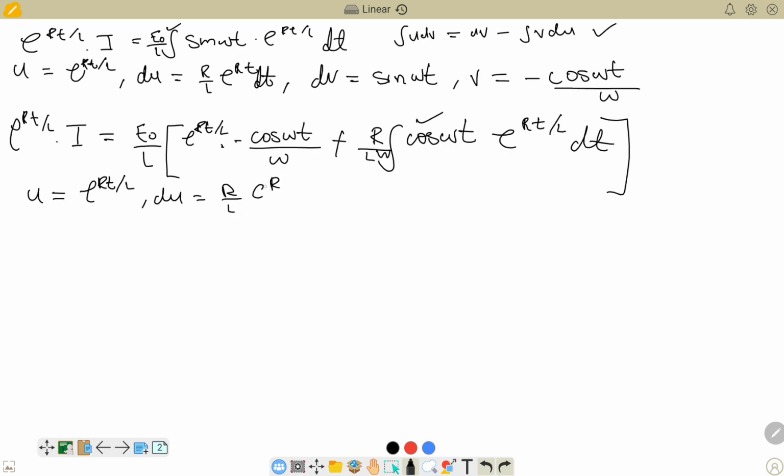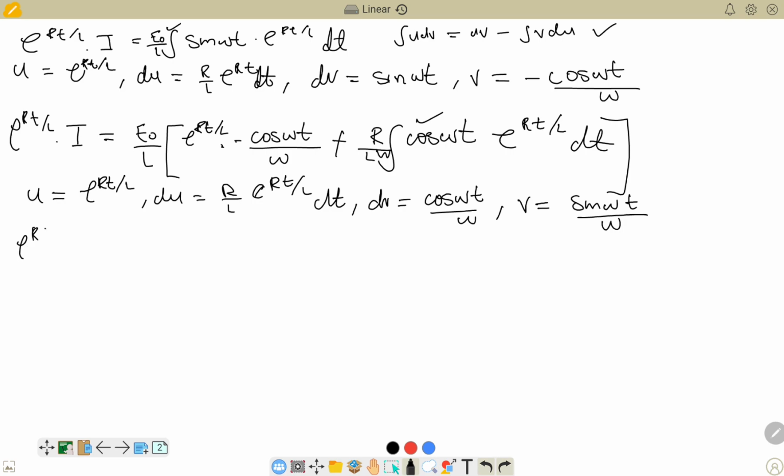So it's R over L e to the power Rt over L dt. But now the difference is that dV is cos Wt, and V is going to be a positive sign now, sine Wt over W.